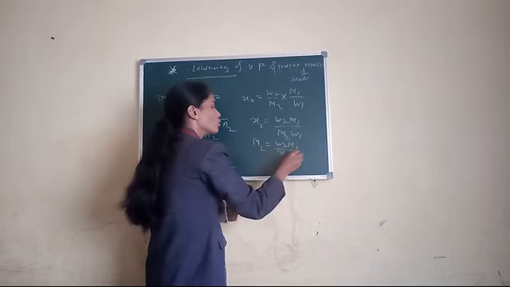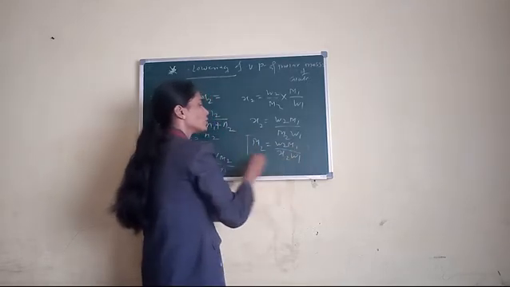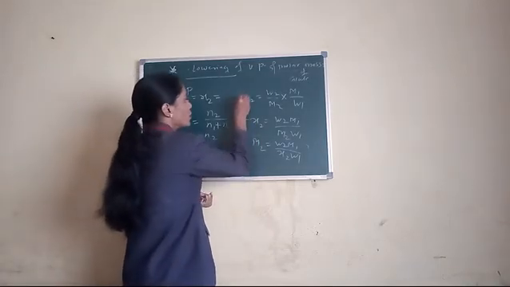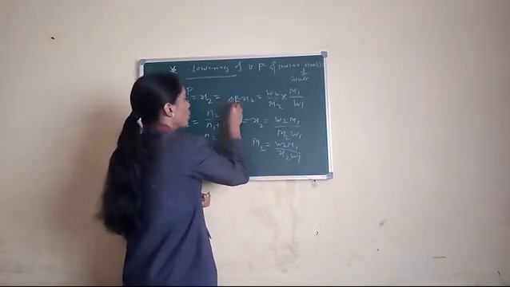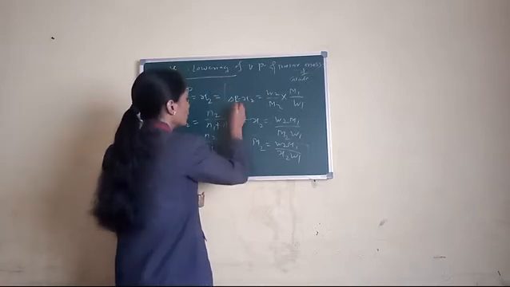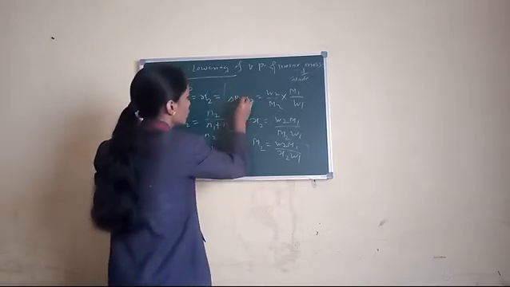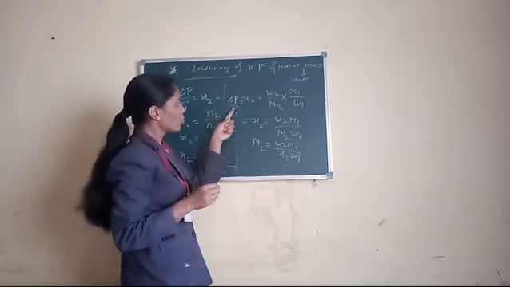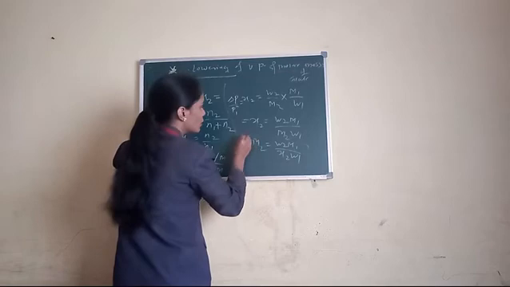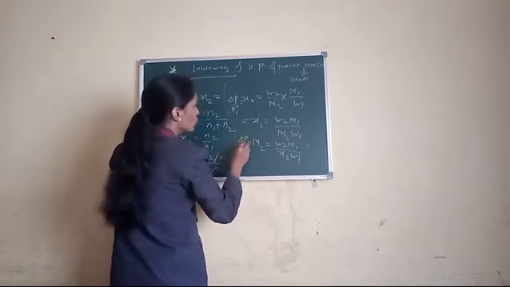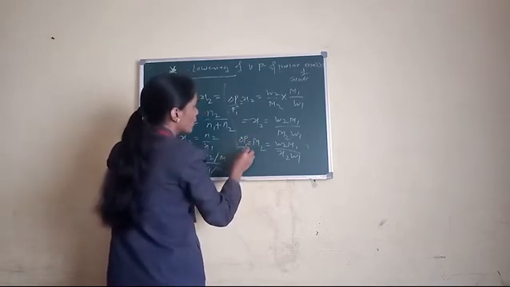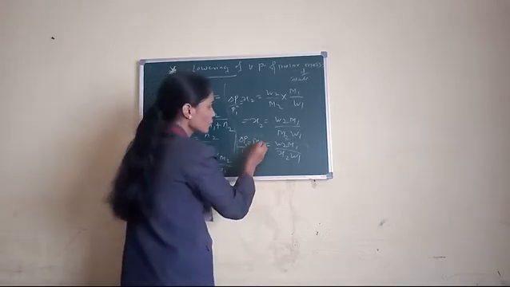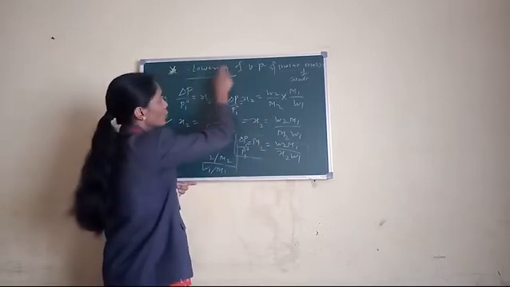This is the relationship between lowering of vapor pressure and molar mass, and here X2 means delta P upon P1 naught. Delta P upon P1 naught means delta P1 upon P1 naught. This is the formula for molar mass and lowering of vapor pressure.